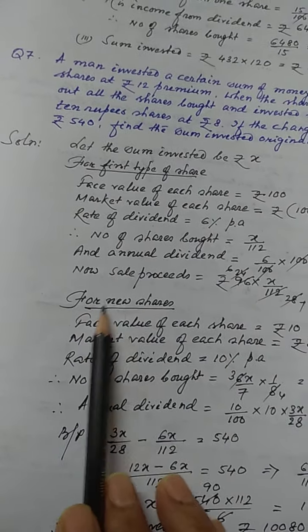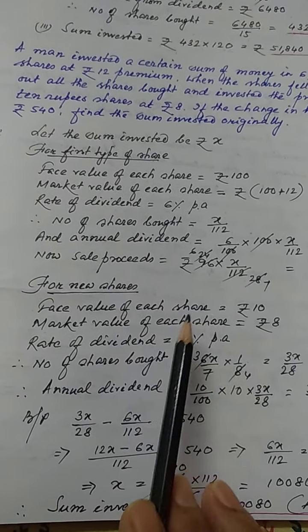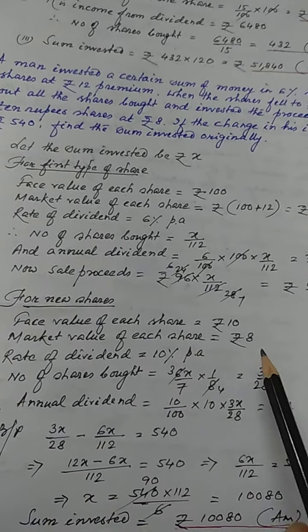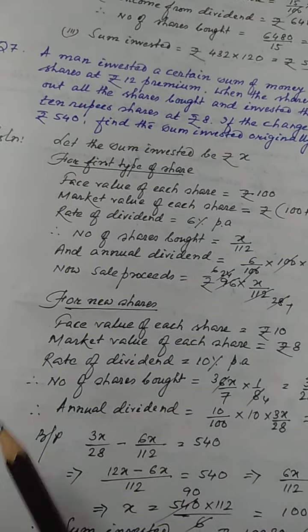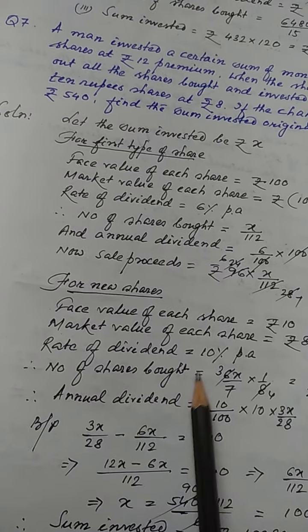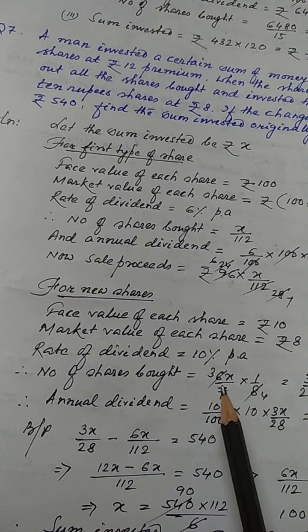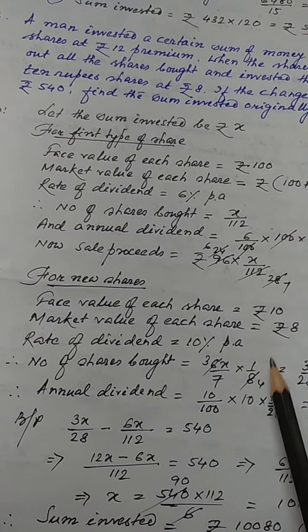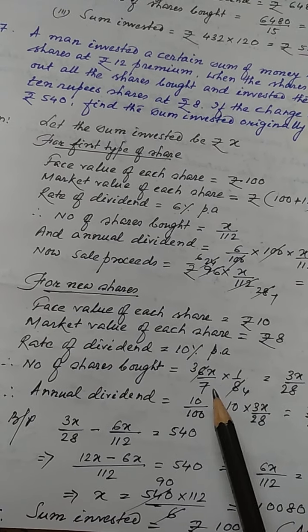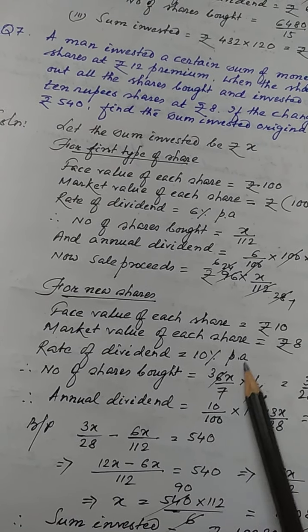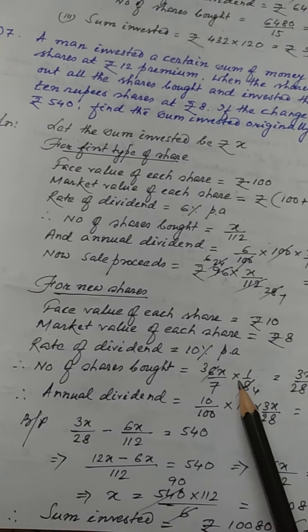Now for the new shares, the face value of each share is rupees 10 and the market value of each share is rupees 8. Rate of dividend is 10% per annum. Number of shares bought is 6X by 7 into 1 by 8, as I divided by 8 because the market value of each new share is 8 rupees, and the sale proceeds were 6X by 7.